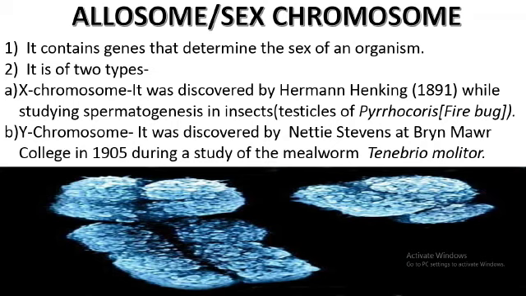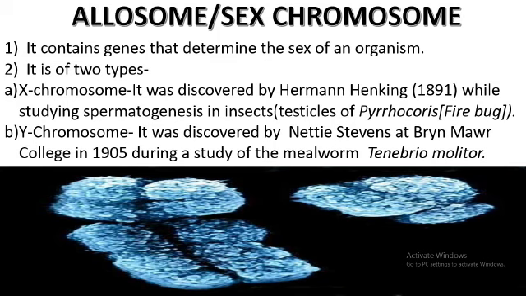It was discovered by Nettie Stevens at Bryn Mawr College in 1905 while studying the mealworm Tenebrio molitor. Therefore, we can say that the sex chromosomes or allosomes are of two types: X chromosome and Y chromosome. You can see the diagram.